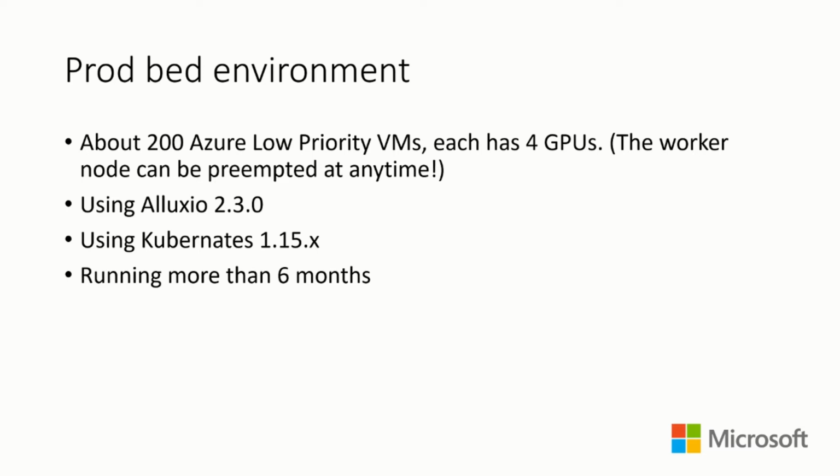But we must make our training platform reliable and stable for our jobs and for our service. For the version of Alluxio, we use version 2.3, and we use Kubernetes, whose version is 1.15. We have been running Alluxio for more than 6 months, and it looks quite good from our side.